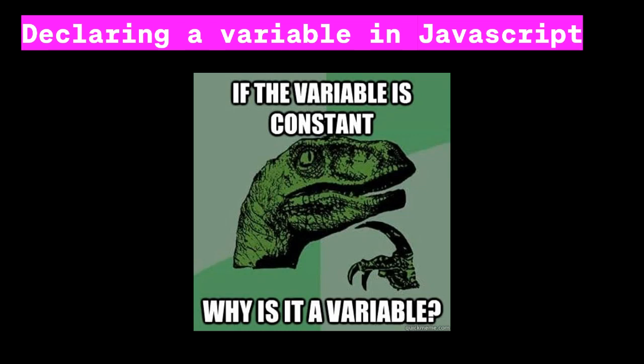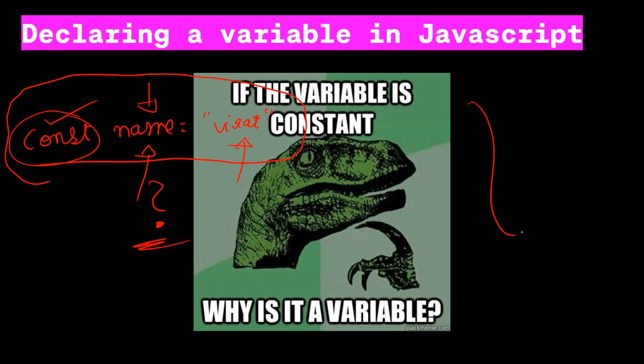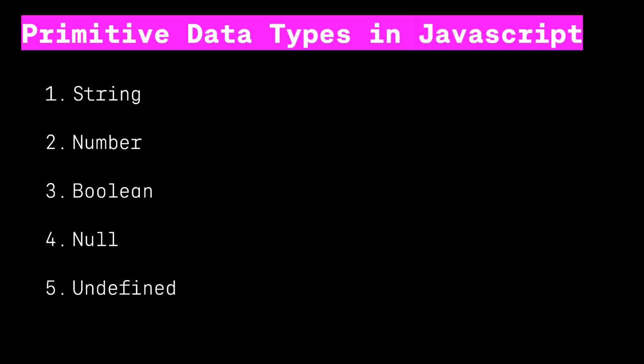All right, I hope you guys understood now, because let us say I declare a variable name as const and set it to Virat. If a variable is declared as a const, why is it called a variable? So that was what the meme was all about. I hope you guys understood. Perfect. So let's go to the next one.